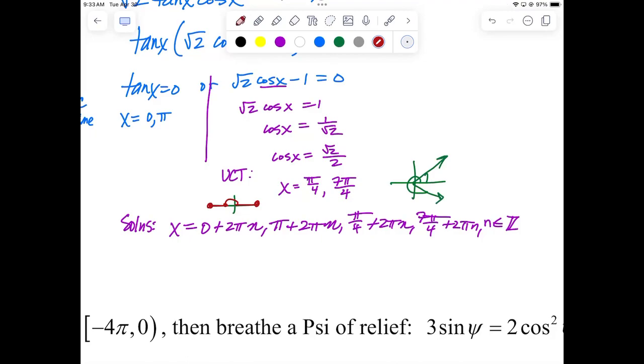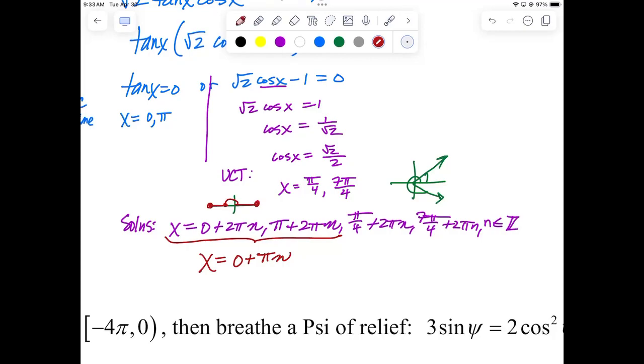So you can't always do this, but in this case, if you want, instead of saying 0 plus 2 pi n and pi plus 2 pi n, you can combine them and just say 0 plus pi n. And that'll land on all of them, won't it? Start at 0 and just go a half rotation, and that'll land on 0, pi, 2 pi, 3 pi, 4 pi, 5 pi. You can't do that unless it lands at a quadrantal angle.